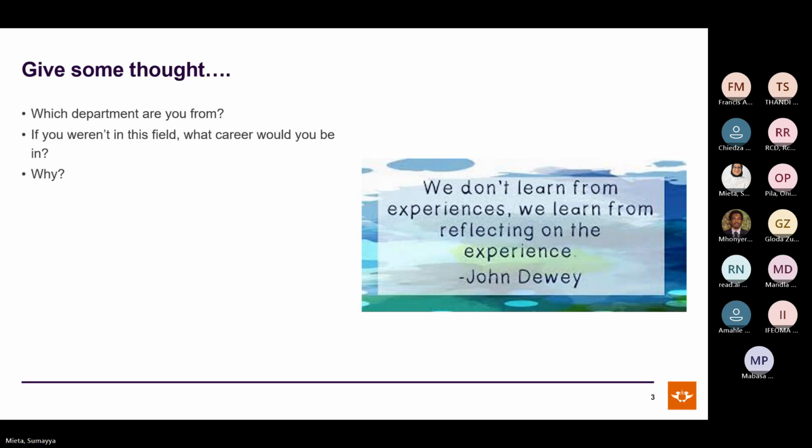And this was a very profound quote that I came across from John Dewey, and he said that we don't learn from experiences. And that is contrary to what we always have been told, that you learn from your experience. But what we actually learn from is when we reflect on that specific experience. And that is what you also will need to be able to do at the end of your postgraduate studies.